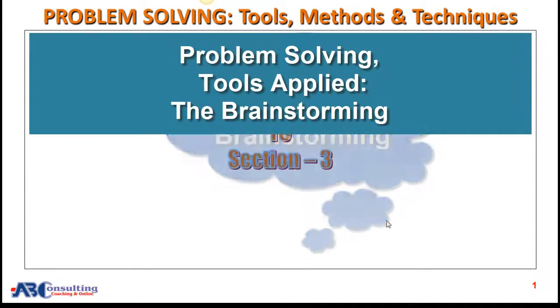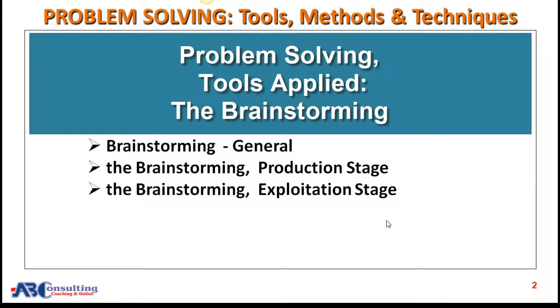What have we learned? We have learned quite a lot about brainstorming as a tool of problem solving. We have covered it in its general context, in its production stage, and its exploitation stage.